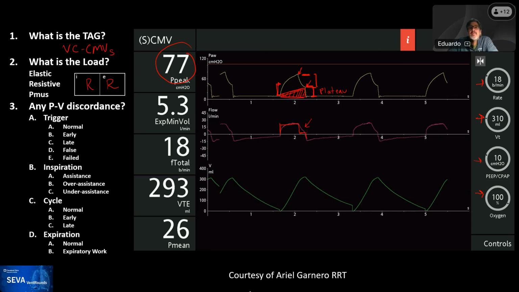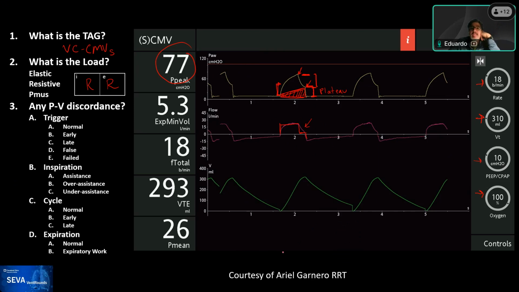Now, I'm withholding information, and it's not lack of love, but it's so that you can read these waveforms. But just to highlight right now, the first thing is we have features of increased resistance, and then we recognize that the waveforms are not perfect, and we cannot see what we usually would want to see.